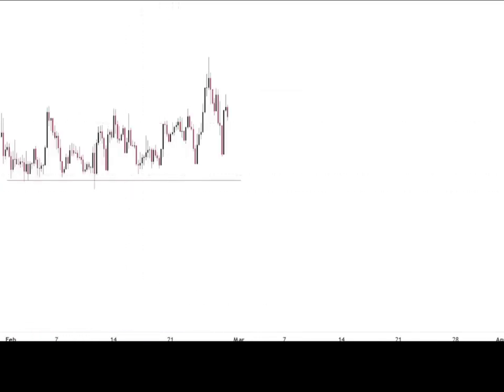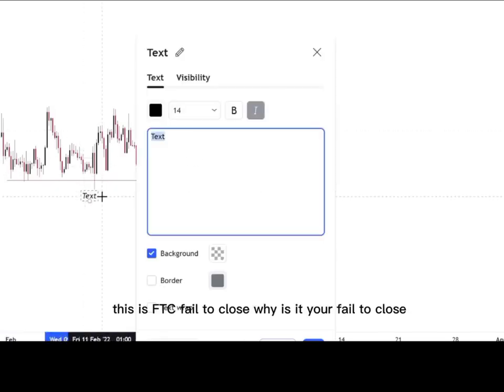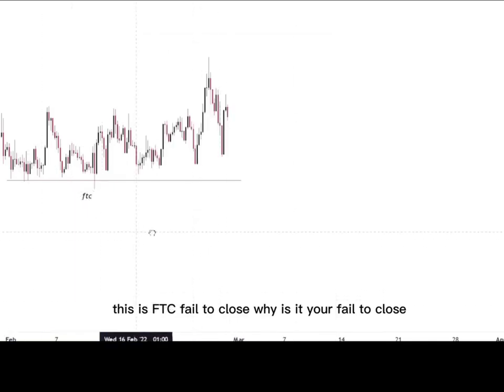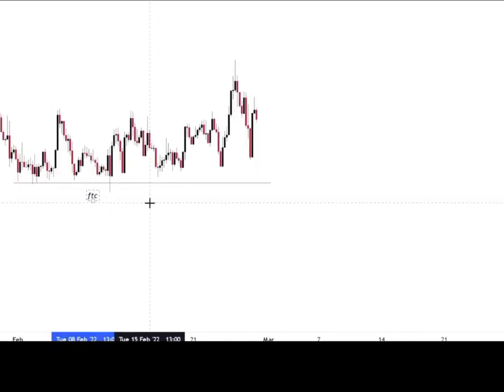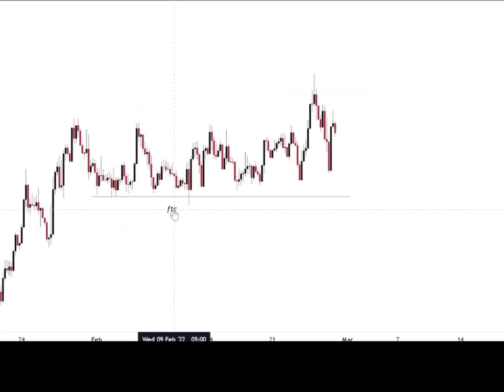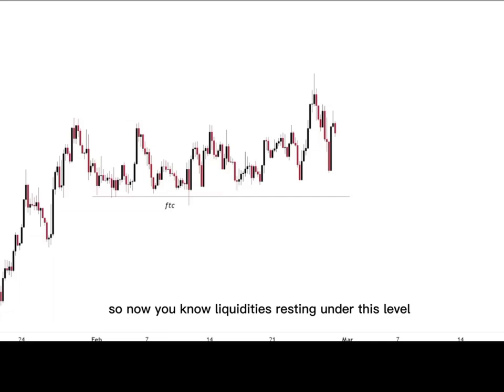This is FTC, failed to close. Why is it a failed to close? Because of this wick. So now you know liquidity is resting under this level.